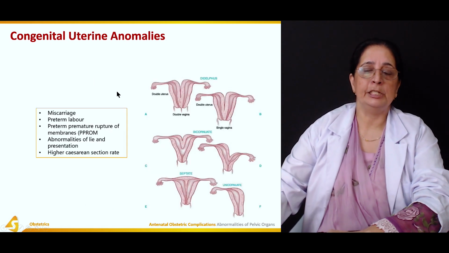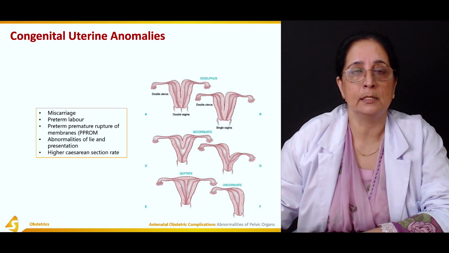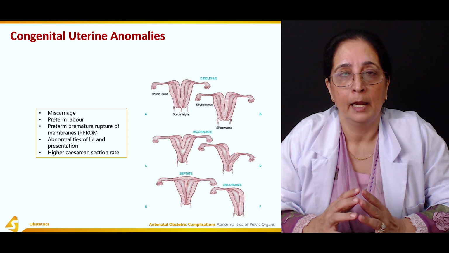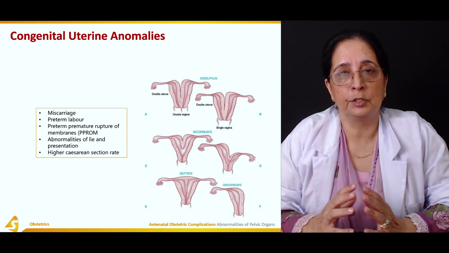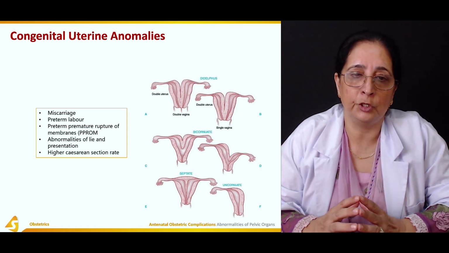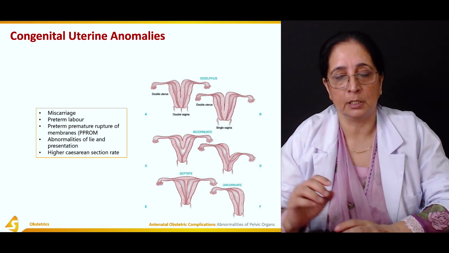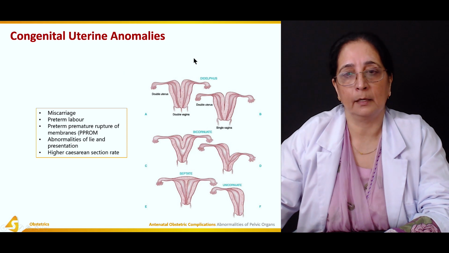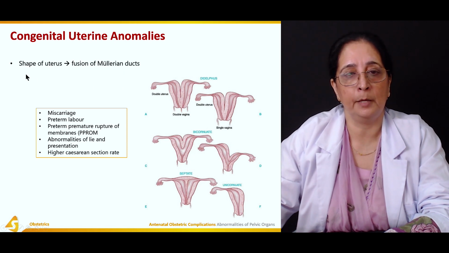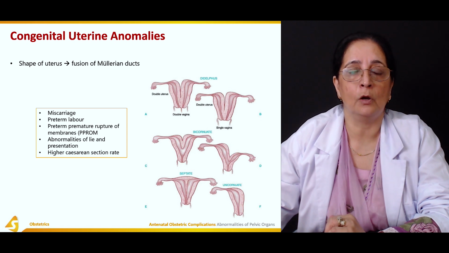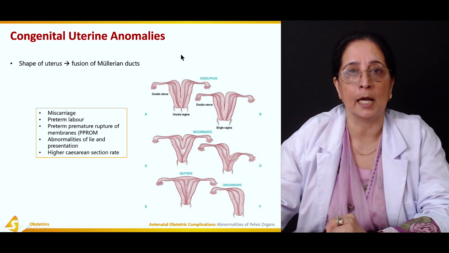Next, some of the congenital abnormalities of the uterus. These congenital anomalies are in the shape and structure of the uterus, and they can lead to different complications. The shape of the uterus is determined by the fusion of the Mullerian ducts.